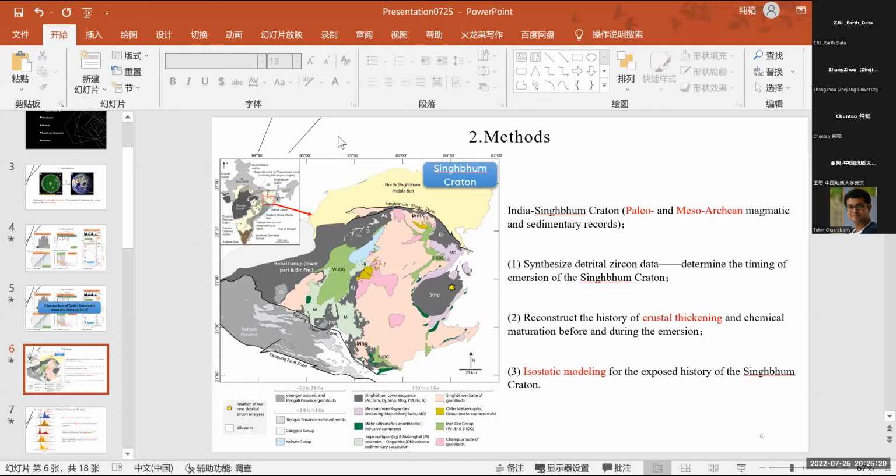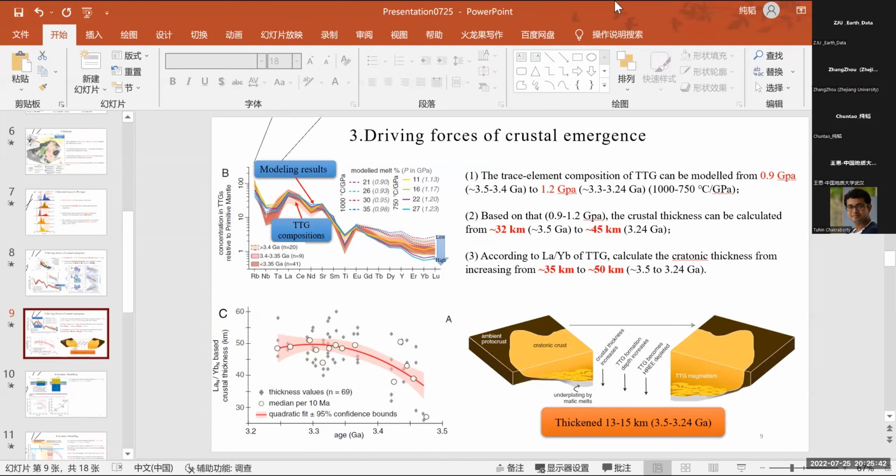Now Wumi has a question. For the TTG here, they also compiled potassium-rich granite compositions from the references.